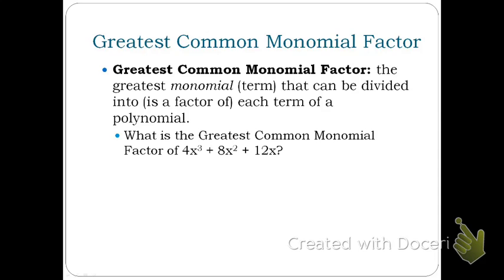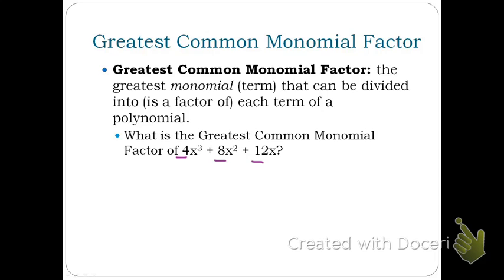So if you recall, to find the greatest common monomial factor, you have to look at the coefficients of the polynomial and ask yourself, what's the biggest number that divides evenly into all three of those coefficients? So 4, 8, and 12.